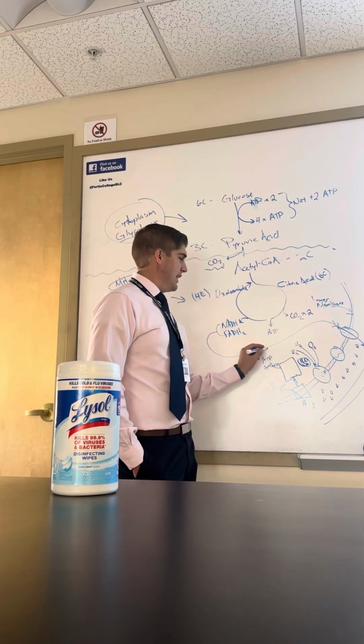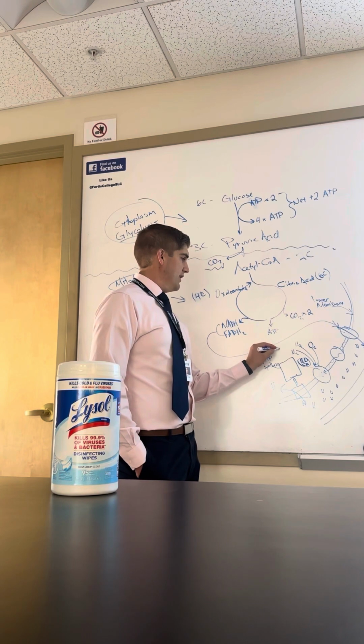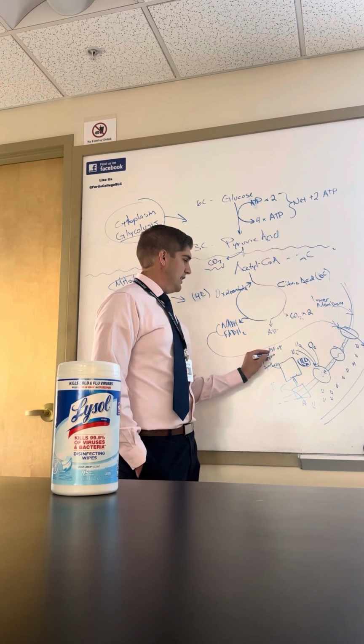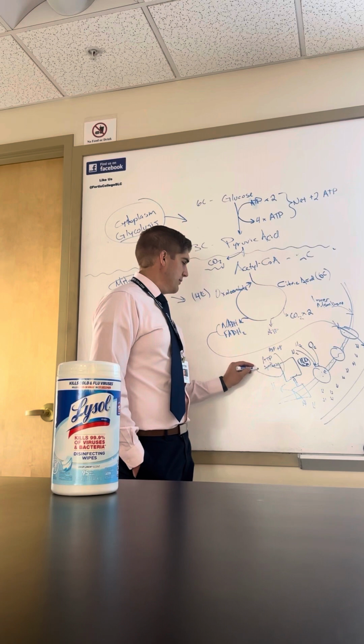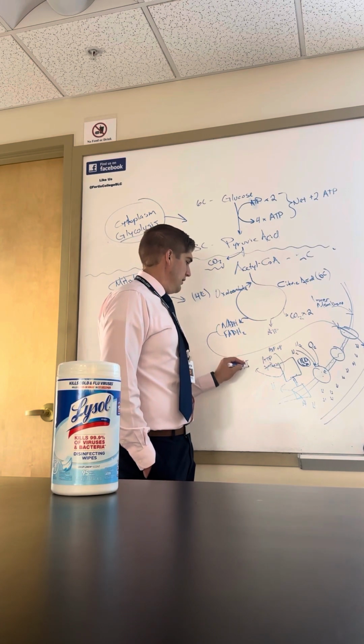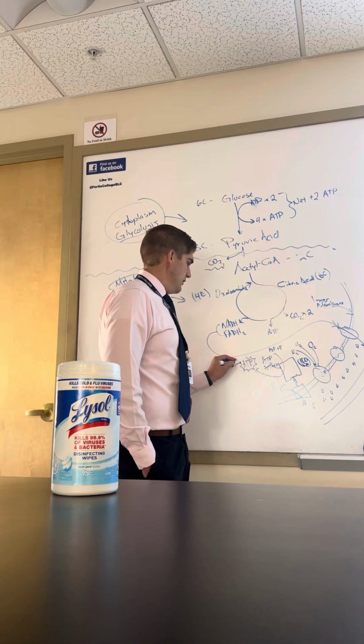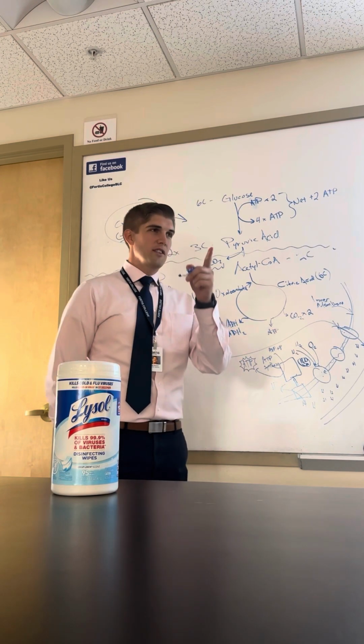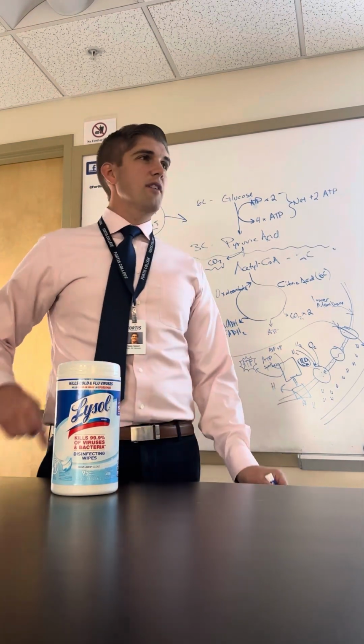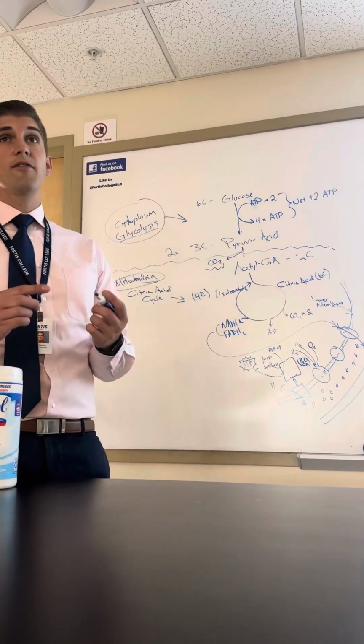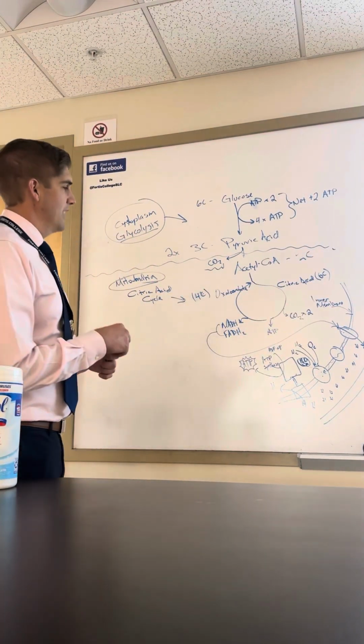And when you take ADP plus a floating around phosphate and you link those together to make ATP, what is that process called? Phosphorylation. Yep, you're phosphorylating it. You're adding the phosphorus. Okay?